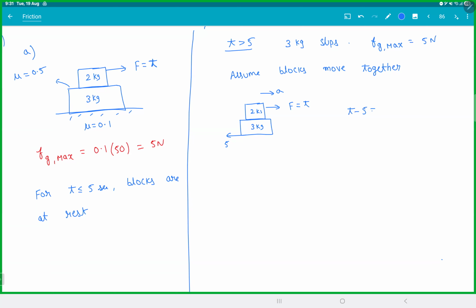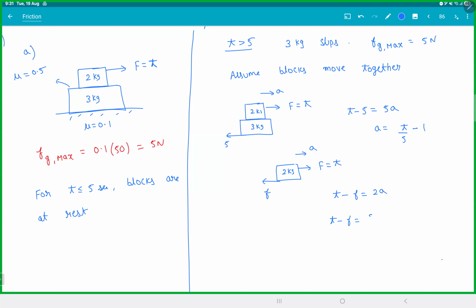Then we have t minus 5 is equal to 5a. Then take any one block. I can take the 2 kg block. This is F equal to t, this is the friction and this is the acceleration. So t minus F is equal to 2a. Acceleration is (t minus 5) by 5.